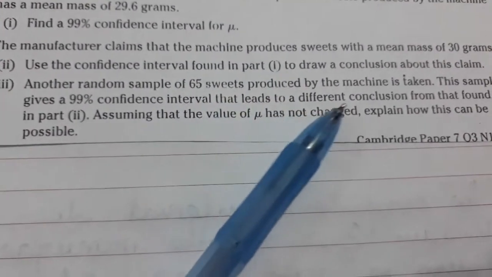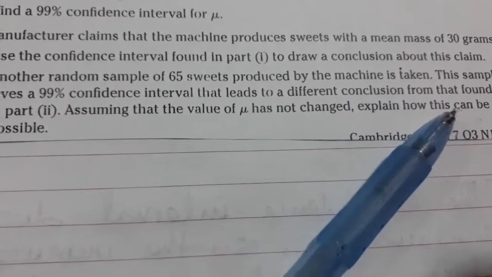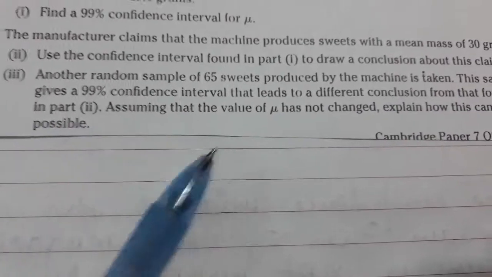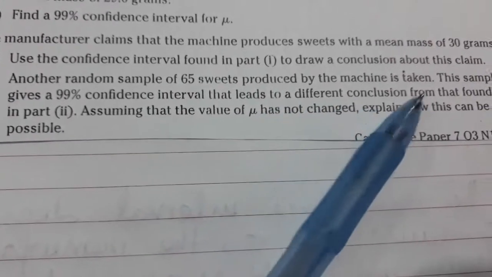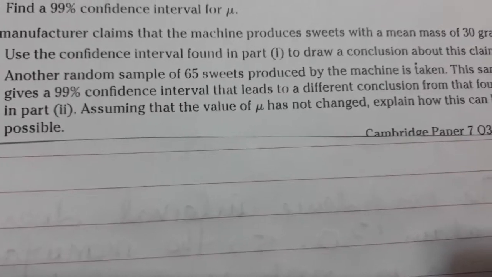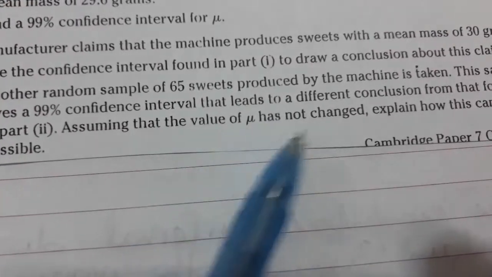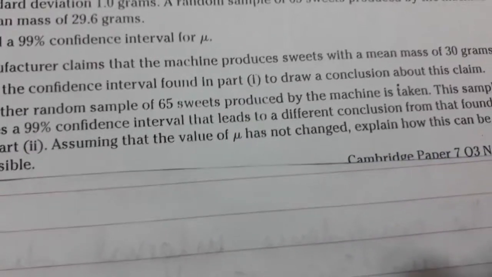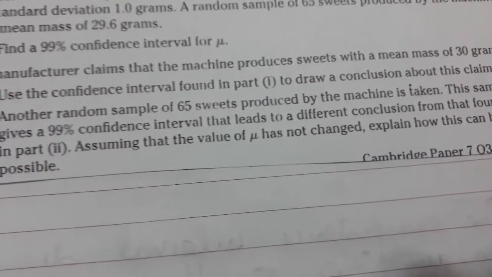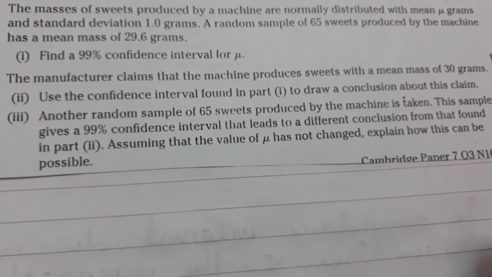But here the question is saying that this time the conclusion from that found in part 2 is different. It means now you are accepting the claim. So the question is saying, assuming that the value of the mean has not changed, explain how this is possible. How come it is possible that now the manufacturer claim is correct?